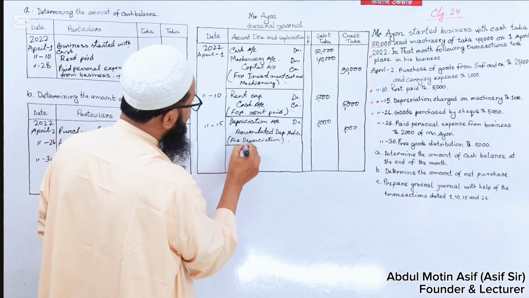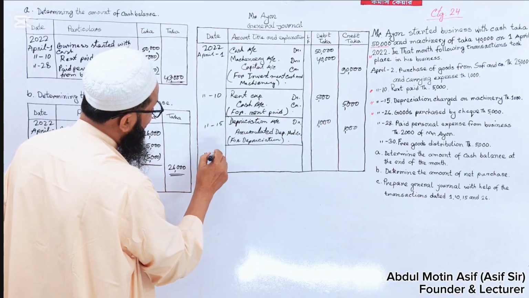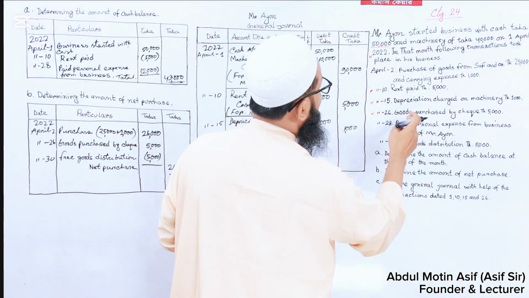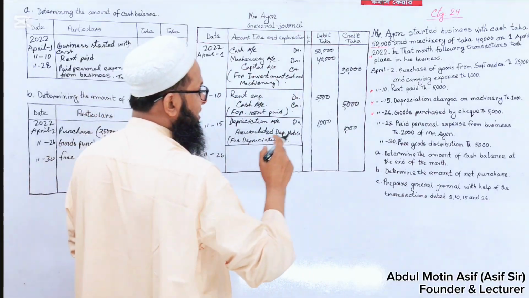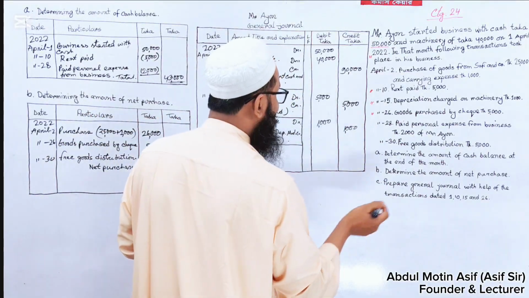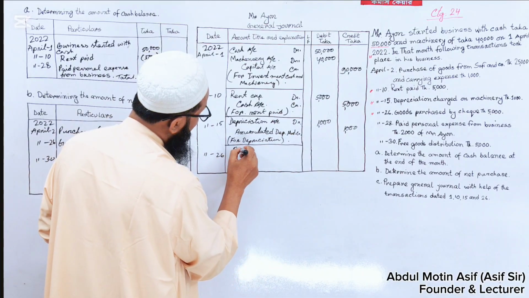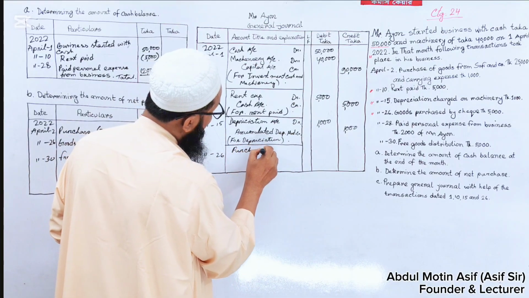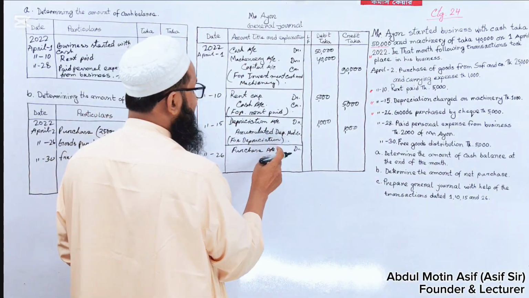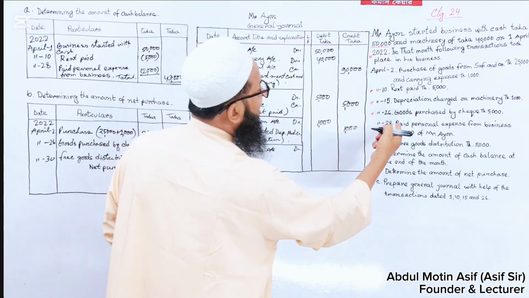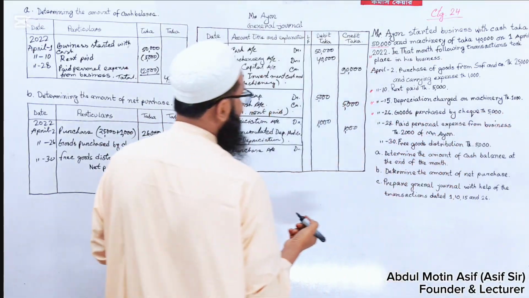Okay, dear students, the last transaction, 26, goods purchased by check taka 5,000. When we purchase, our expense increases. For that, purchase account debit. Purchase account debit for expense increased, and we paid the amount by check.